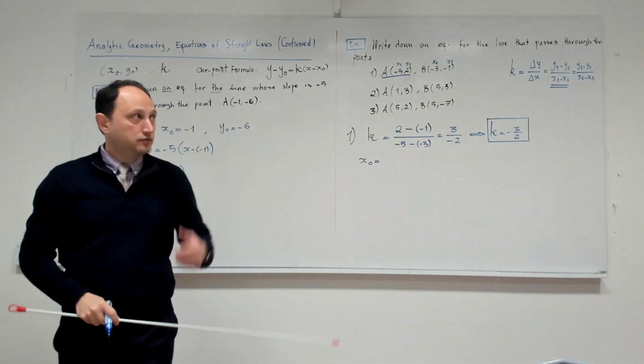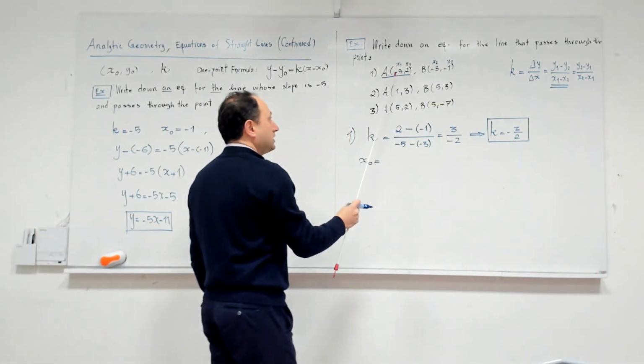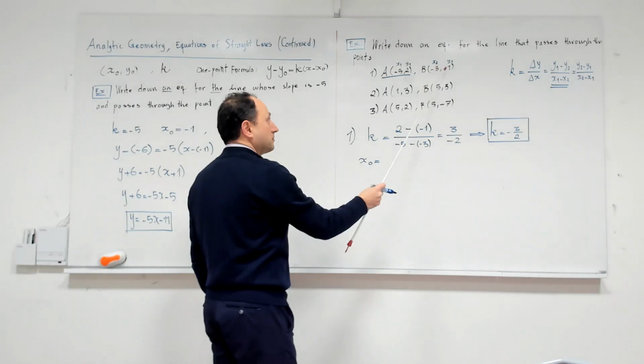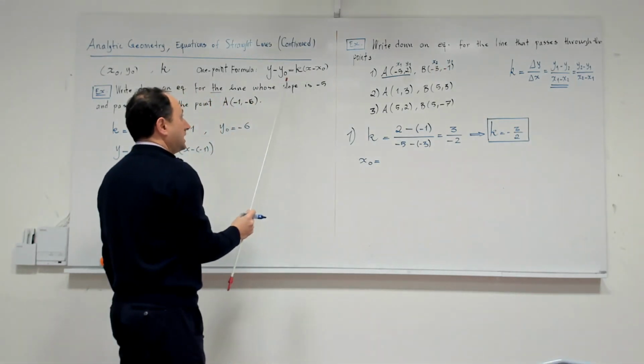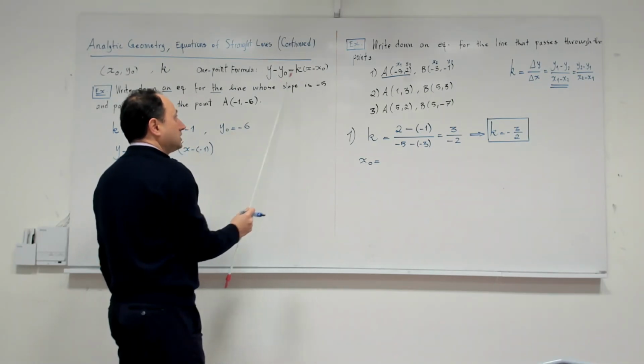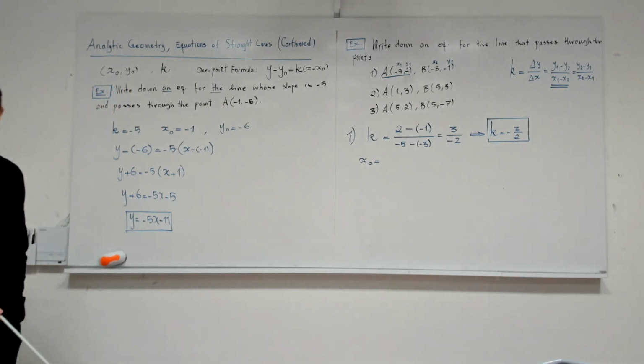So don't get confused. You see, for using the previous formula, I myself gave them these numbers. But now I want to use this formula. If someone asks you what is x naught and y naught, you will tell them that x naught and y naught are coordinates of any point on the line. It doesn't matter which point.